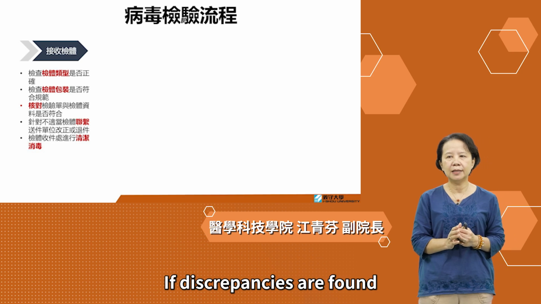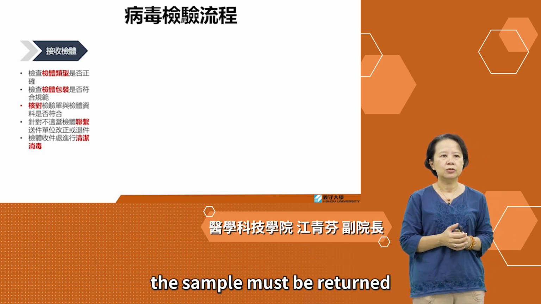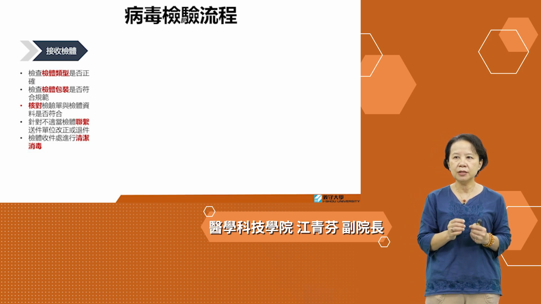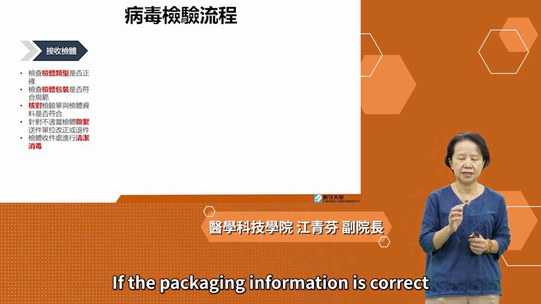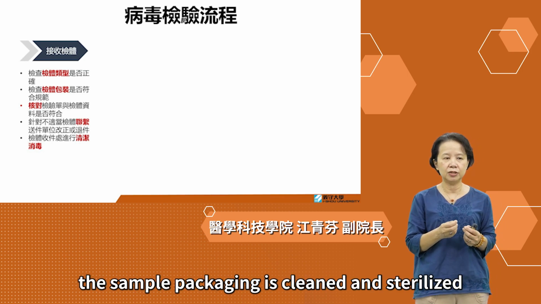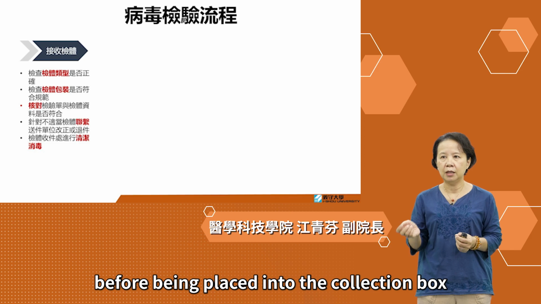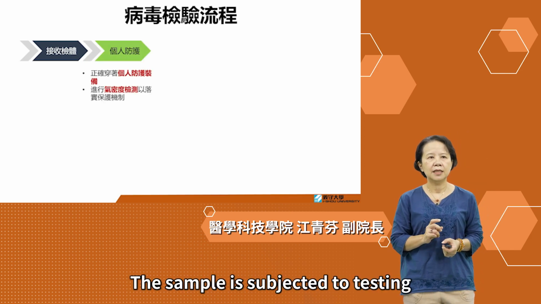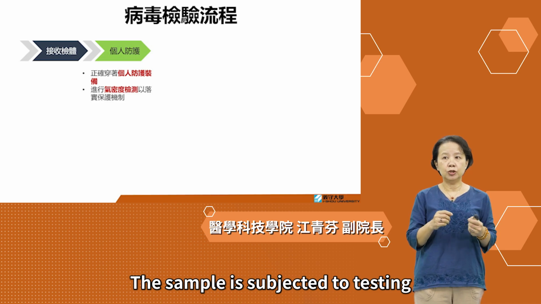If discrepancies are found, the sample must be returned to the unit it was sent from. If the packaging information is correct, the sample packaging is cleaned and sterilized before being placed into the collection box. Afterwards, the sample is subjected to testing.